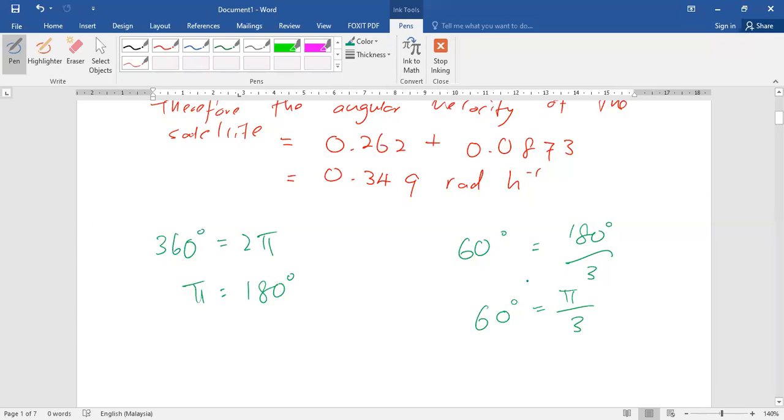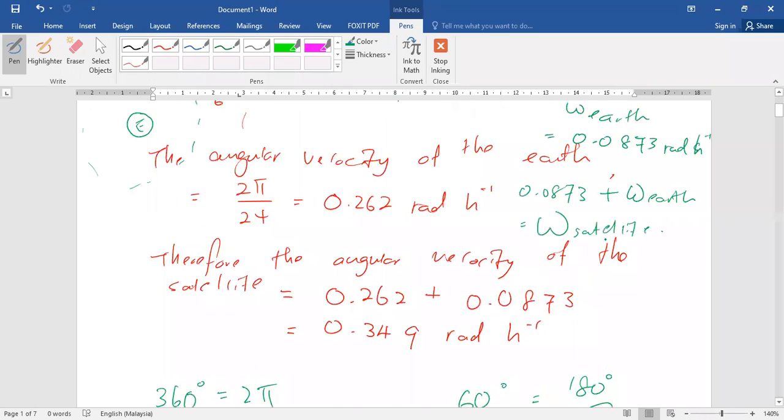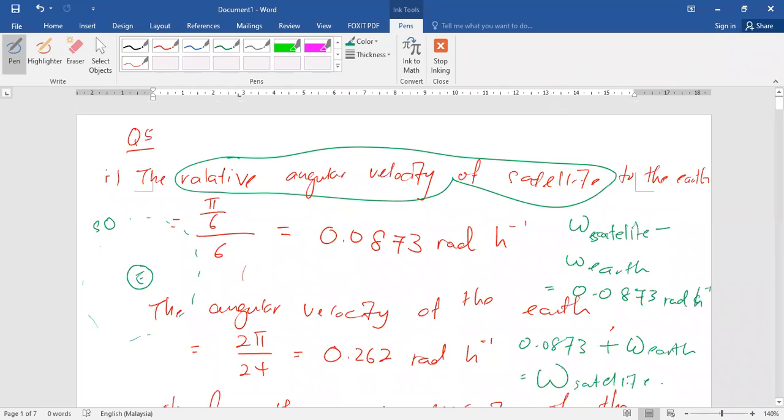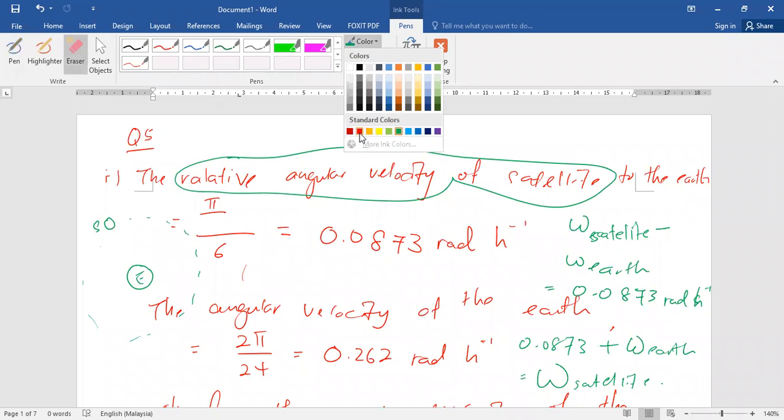Let me check my calculation. Okay, so this one should be pi over 3 over 6. Sorry, this one should be pi over 3.